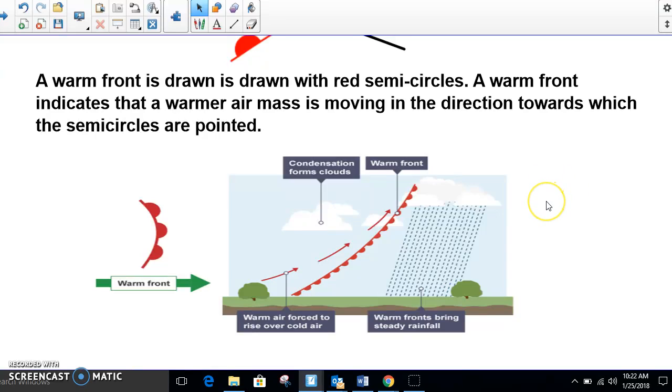One of the differences between the cold front and the warm front is that warm front normally brings lighter rain showers than cold fronts when they meet. And of course, the rainfall in the warm front is usually more steady than in cold front.